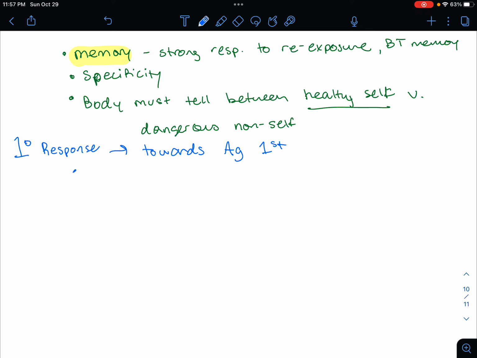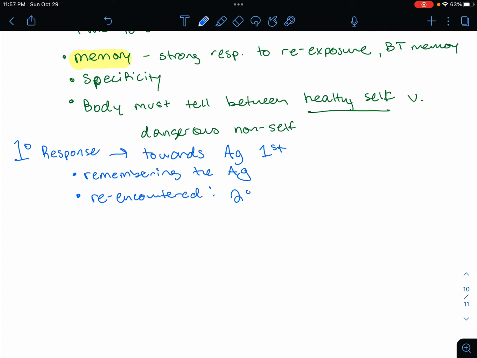So we're going to have the outcome of remembering the antigen. And when it's re-encountered, like after a vaccine or during the effects of a vaccination, the secondary response will be much stronger.